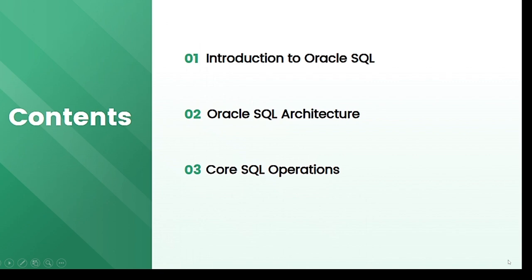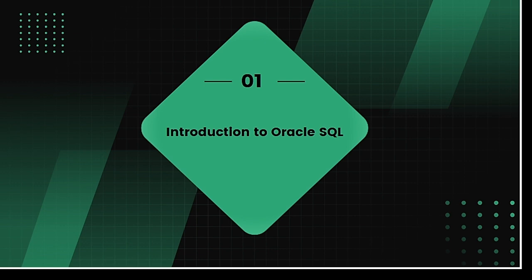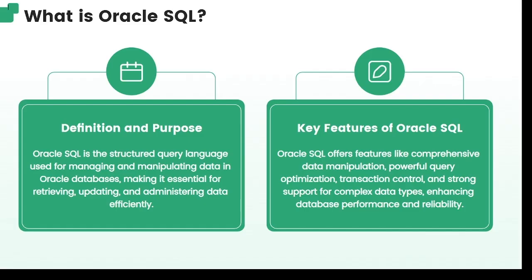All right, let's jump right into the first section. Let's look at what Oracle SQL actually is and why it is such a vital skill for anyone who is working with databases. So, first, what exactly is Oracle SQL? Oracle SQL is a version of SQL, the structured query language, specifically used to interact with Oracle databases.